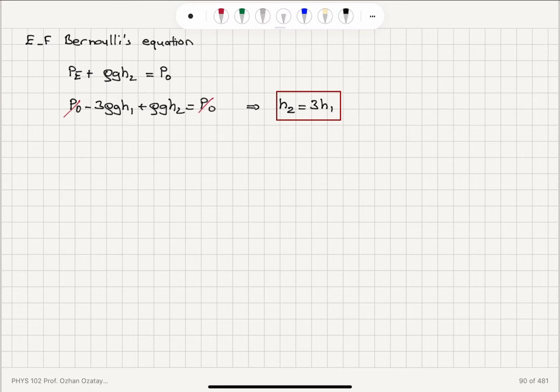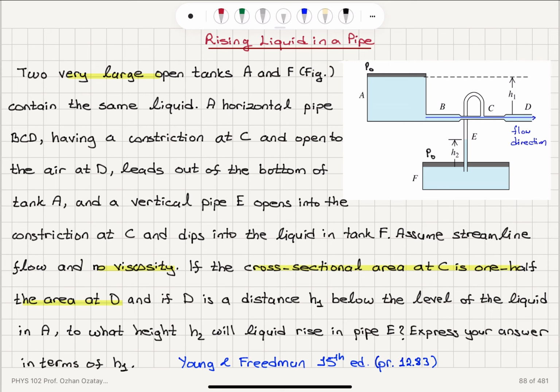All right. So we have the following configuration: 2 very large tanks open to atmosphere. We have a fluid flow from A towards B, constriction C, towards pipe D, which has twice the cross-sectional area of C. So C is a constriction. And D is located at a distance H1 with respect to the top surface.